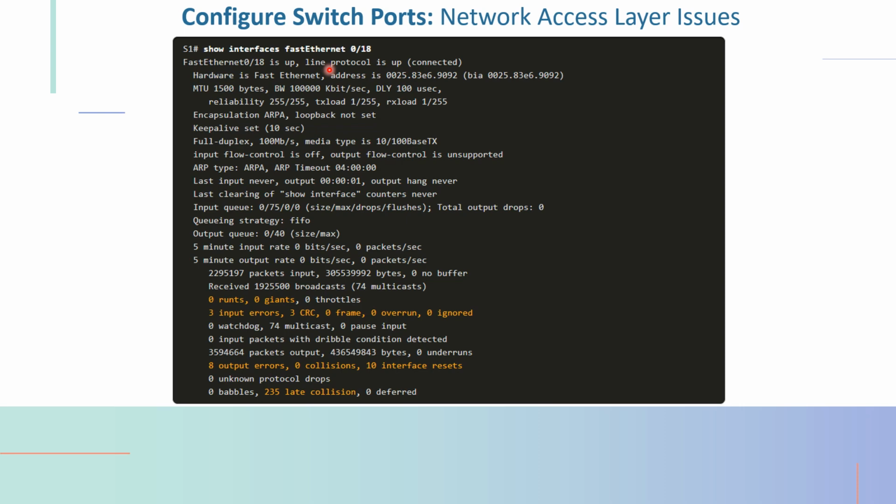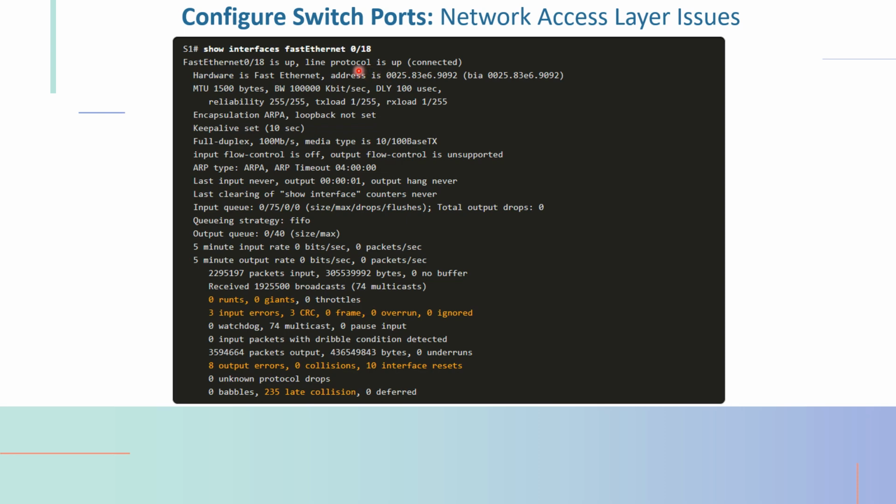Based on the output of the show interface command, we can have different kinds of problems. If the interface is up but the line protocol is down, there may be a problem. There could be an encapsulation type mismatch, the interface on the other end could be error disabled, or there could be a hardware problem.